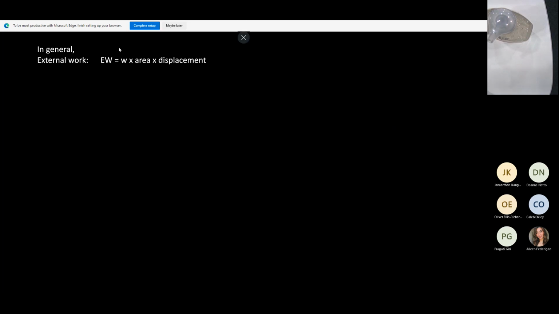The only difference is that you multiply by the area. Because for a beam, you've got a length. For a slab, you've got an area. Because the UDL is on an area, okay? So you multiply the load by the area, and then you multiply by the displacement. So it's exactly the same analogy if you want.